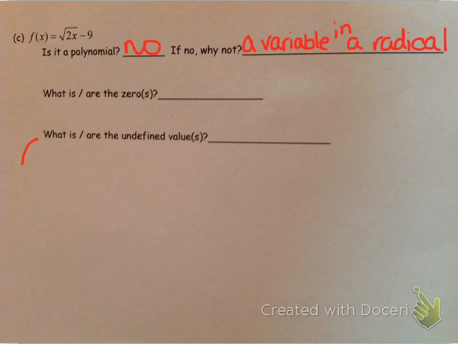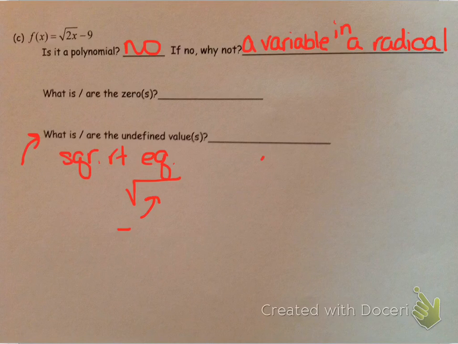So then once again, if you want to go for the undefined values, then you have to ask yourself, okay, if it's not a polynomial, what kind of equation is this? This is a square root equation. And there's only one thing that makes square roots undefined, and that's when the number inside the square root is negative. So you have to figure out where that's going to happen.